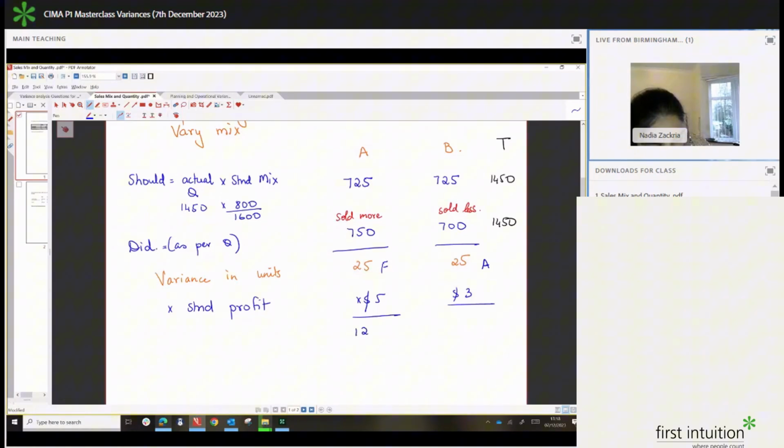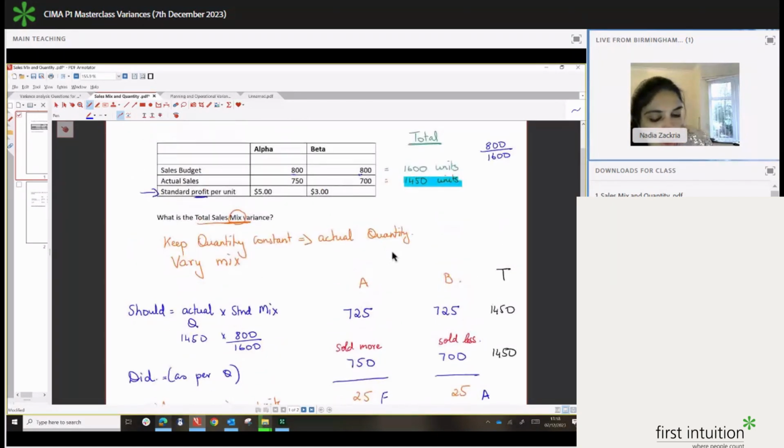So here 125 favorable, 75 adverse, giving me an overall of 50 favorable. Right, so what did we do? We sold more of the product with a higher profit than the one with the lower profit. So here the overall mix variance worked out in our favor because we ended up earning more than we would have done.